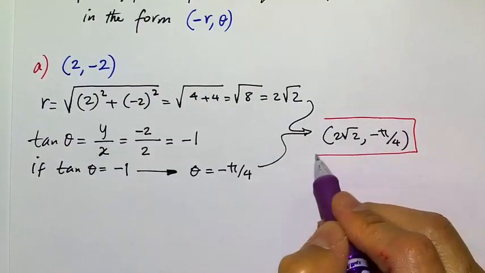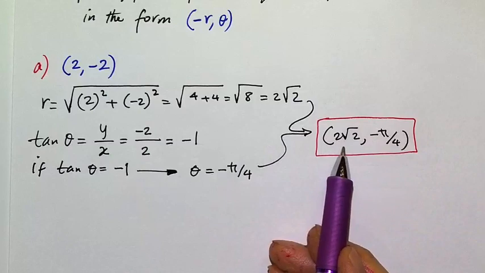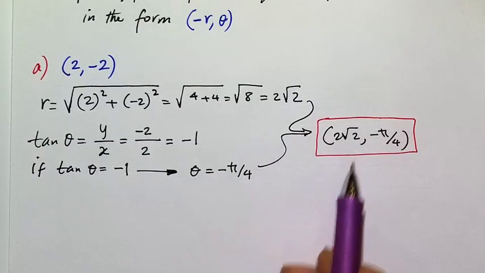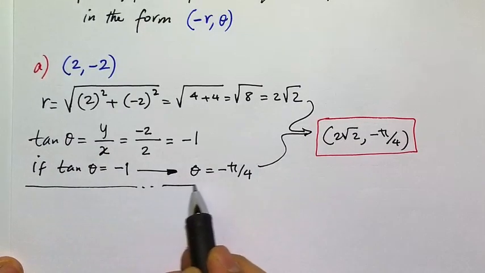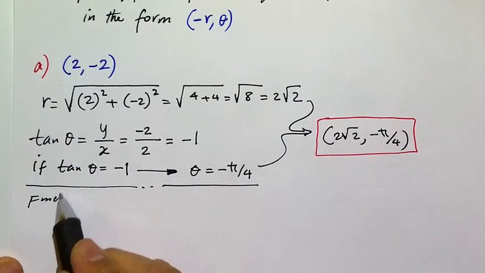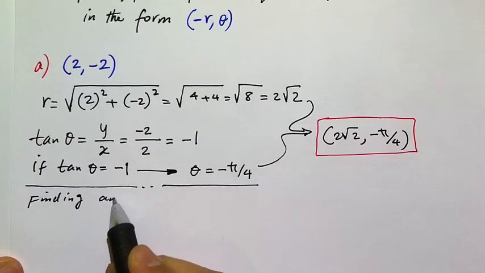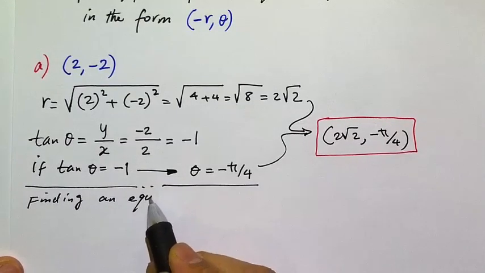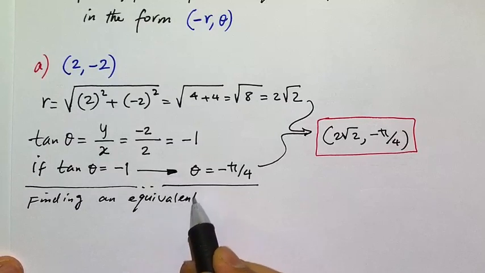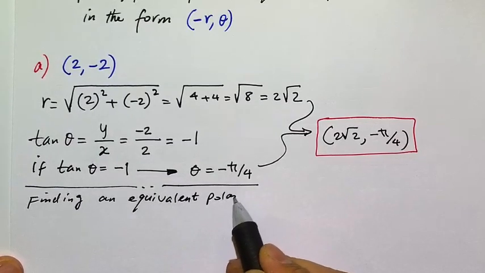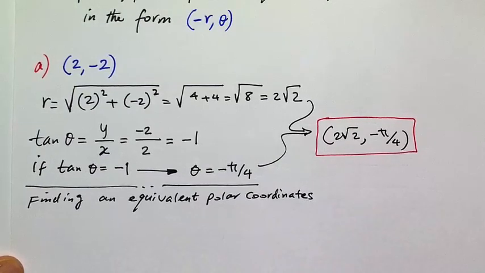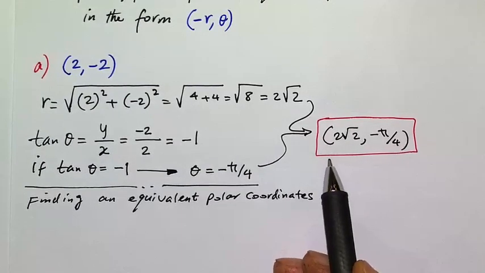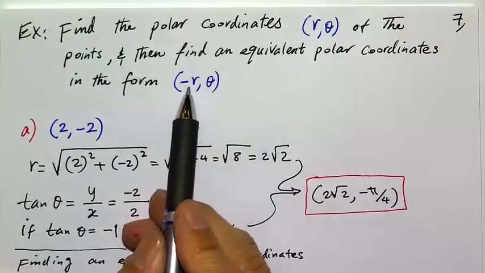Of course, we now have to find an equivalent polar form, finding equivalent polar coordinates, so that means with r switched to negative.